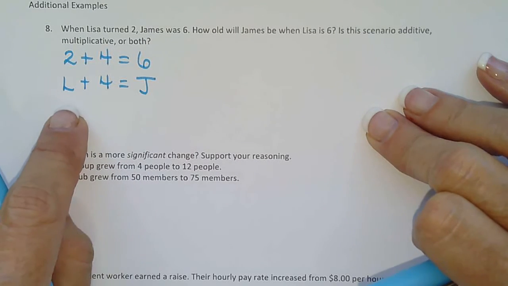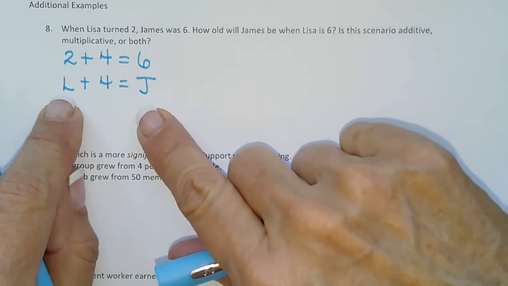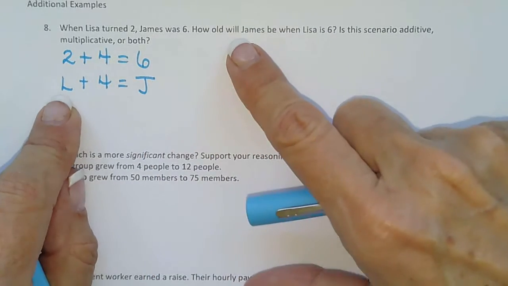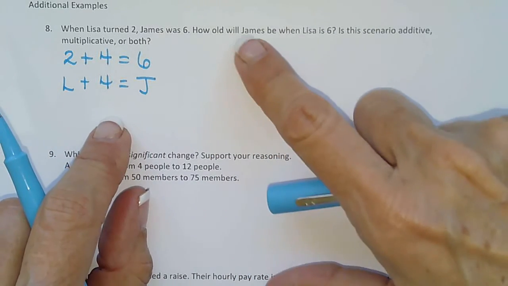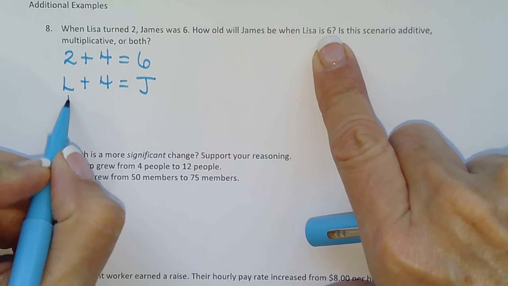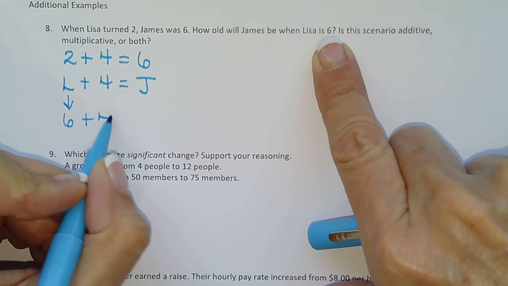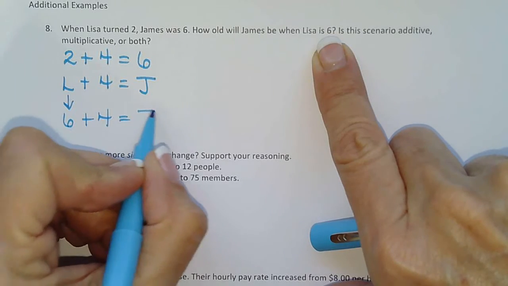The reason I like to do this is because then they can either give me J or L. I can plug it in and find the other one. So how old will James be when Lisa's 6? In place of L, just put 6. 6 plus 4 equals James.